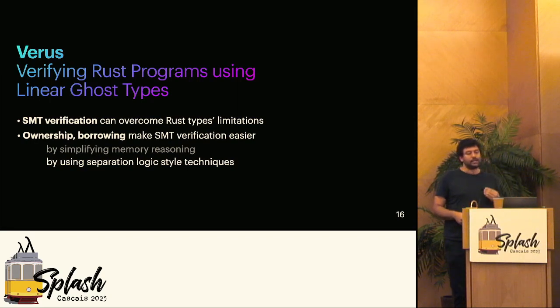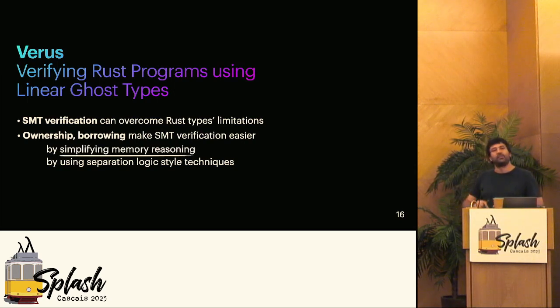So I presented Verus and how it verifies Rust programs using linear ghost types. We've seen how SMT verification can overcome the limitations of the Rust type system. And now ownership and borrowing can make SMT verification easier by using separation logic style techniques with linear ghost types. And also, and I didn't have the time to go into detail in the talk, by simplifying memory reasoning.